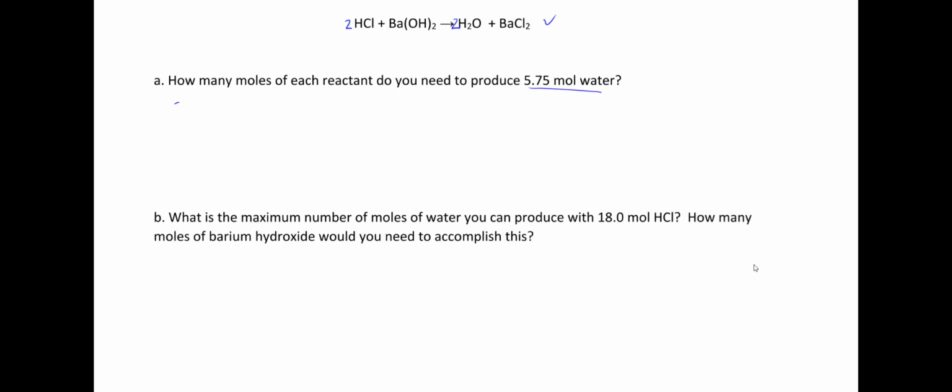So let's start that again. So we have 5.75 moles of water. And the equation says that every 2 moles of water needs 2 moles of hydrochloric acid.